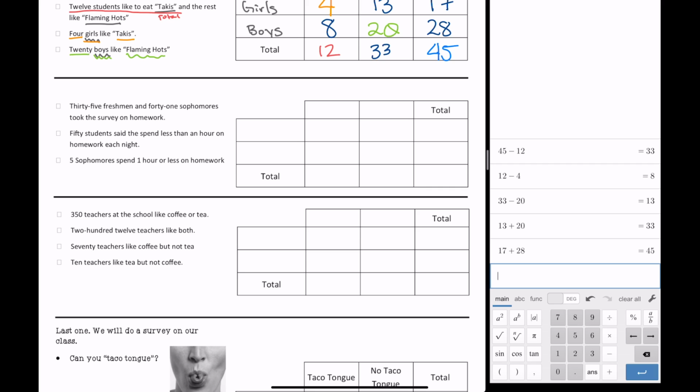Okay, so the information we're talking about: we're talking about freshmen and sophomores, who spend less than an hour on homework. So less than 1 hour, which means this other one has to be more than 1 hour.